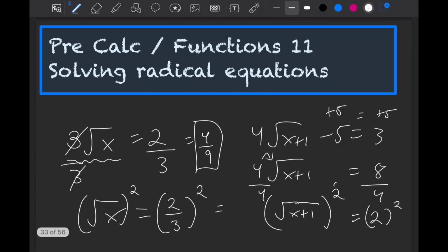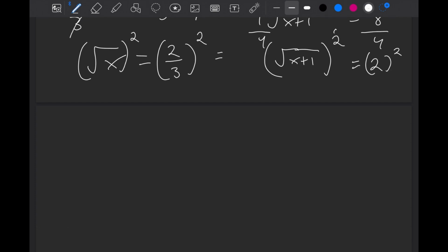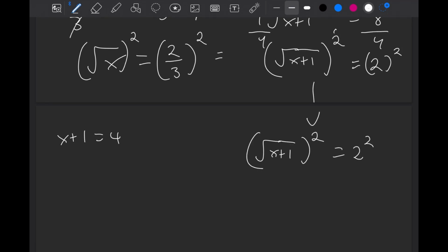And I'm just going to make another page. So now we will have x plus 1 is equal to 4. So we are at x plus 1 being squared equals 2 squared, so that's 4, and then x plus 1.